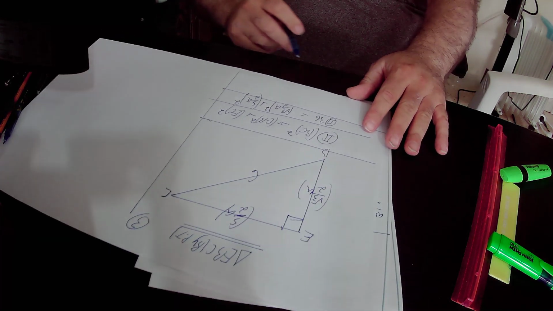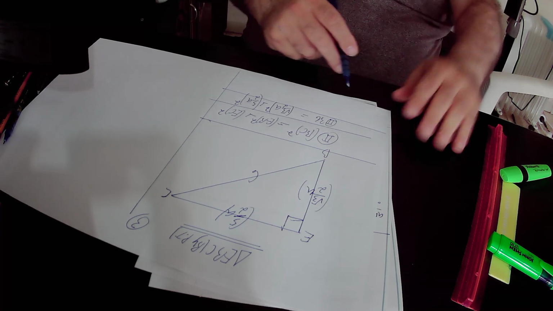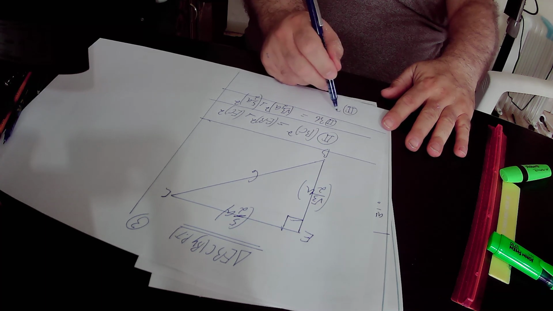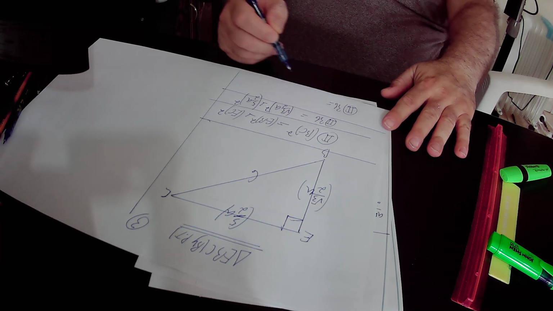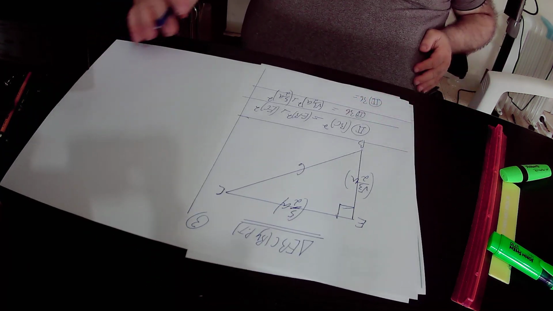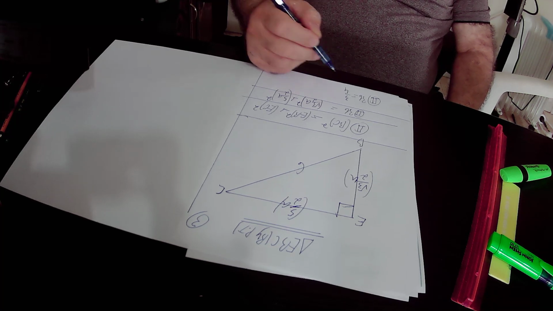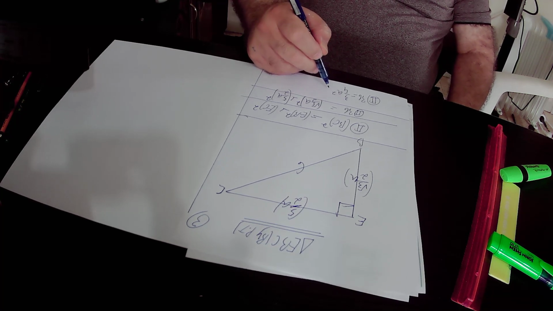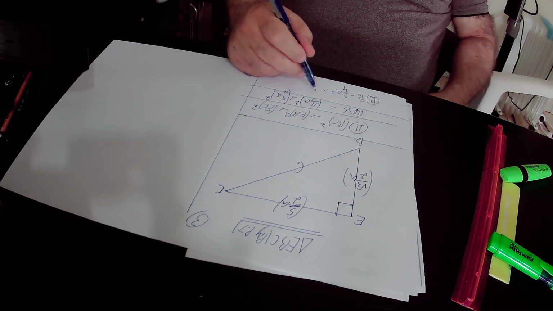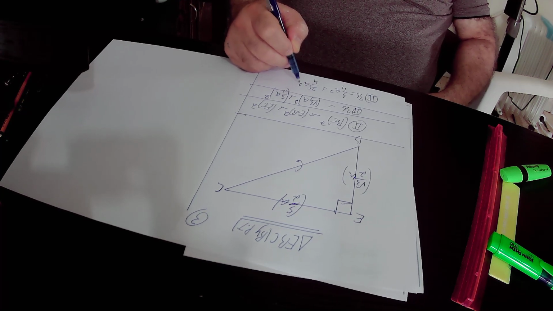Here we will open the brackets on this side of the equation number 2. On this side of equation number 2 we have 36 equals square root of 3 squared is 3, 2 squared is 4, times A squared, plus 5 squared is 25 over 2 squared is 4, times A squared.